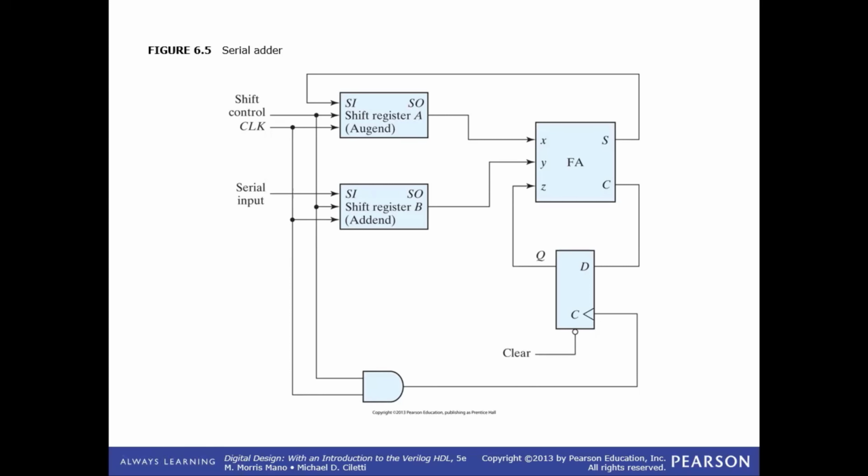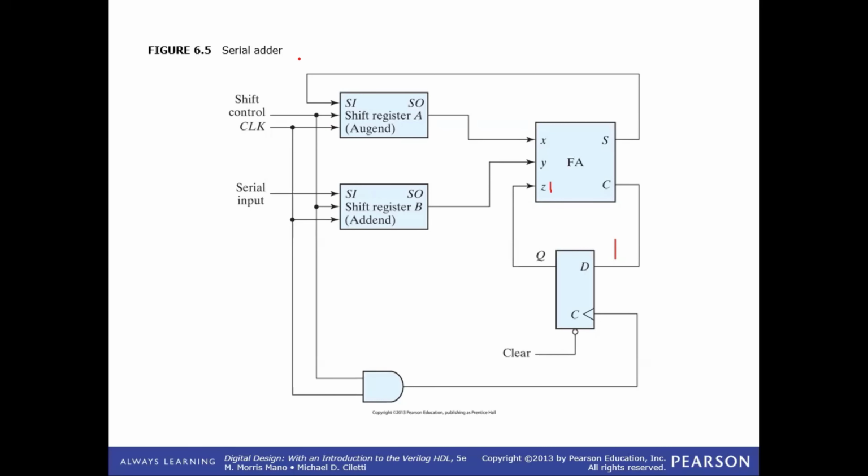So we have to make this D flip-flop clock in coherence with the next inputs of shift register A and B. If clock and shift control, both of them are not active, then this D flip-flop should not transfer this one over here to the one here.